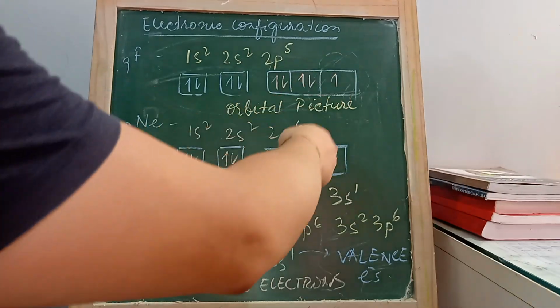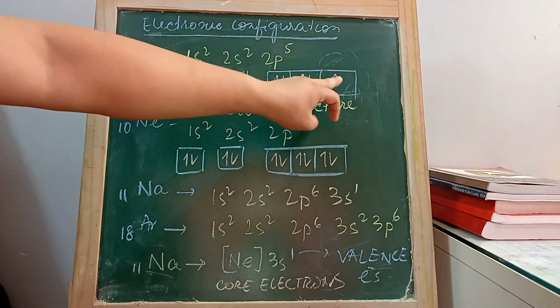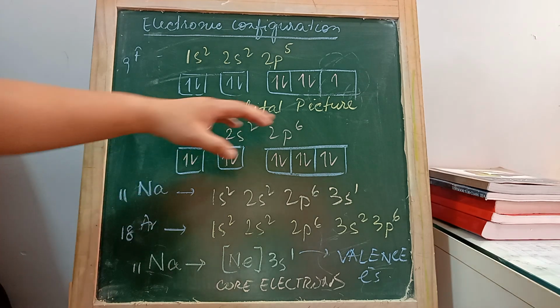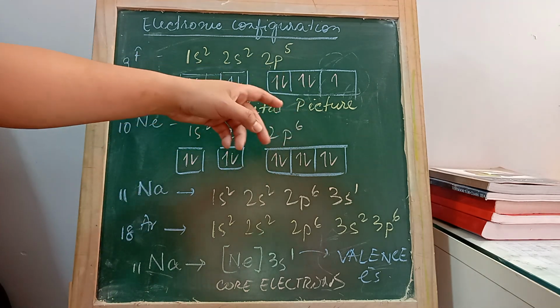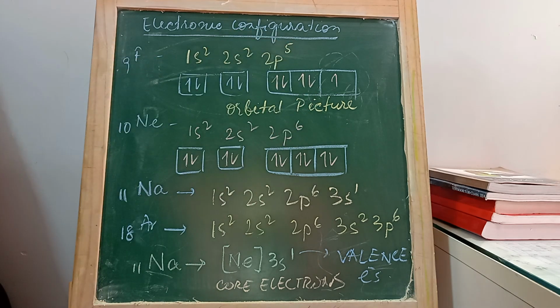So it will be singly filled, then pairing will take place. So 2 orbitals are paired, and in the last 2p orbital there's only one single electron. So this is the orbital picture. It becomes clearer in the orbital picture how the electrons are distributed in the 2p subshells.